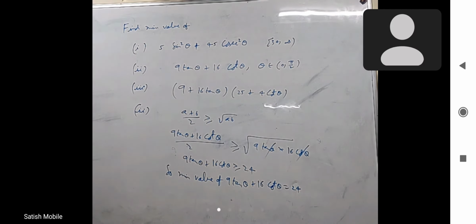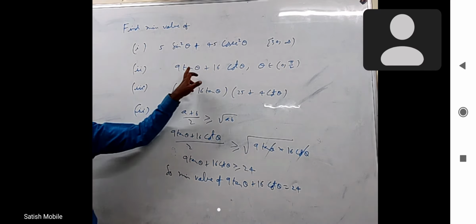Anyone want to give an answer for the third one? Okay. Everybody clear why we could use AM-GM inequality? Because their product is constant.